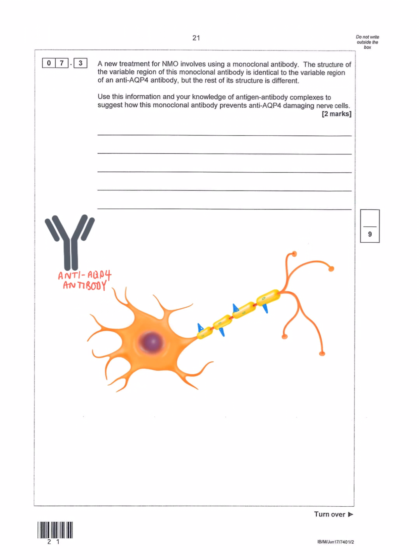Here is the anti-AQP4 antibody, which causes harm to nerve cells. And here is the monoclonal antibody used to treat NMO. Importantly, the structure of the variable region of these antibodies are identical.